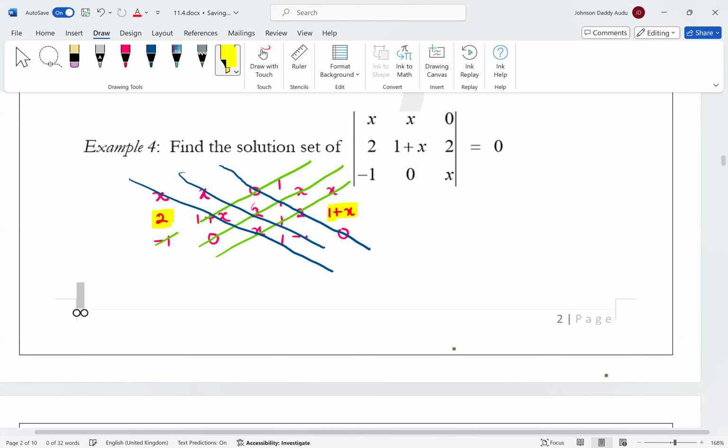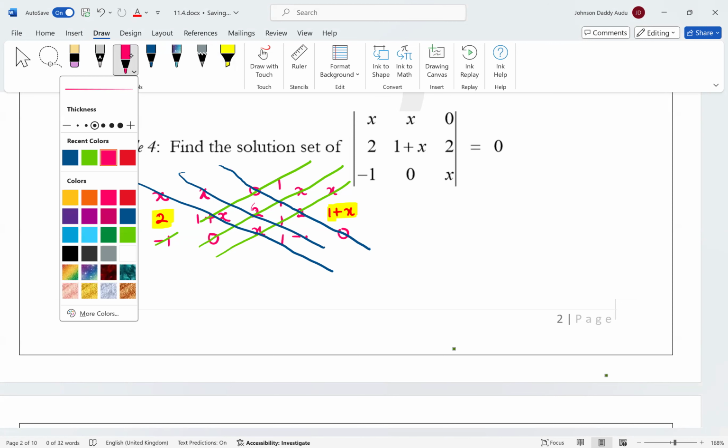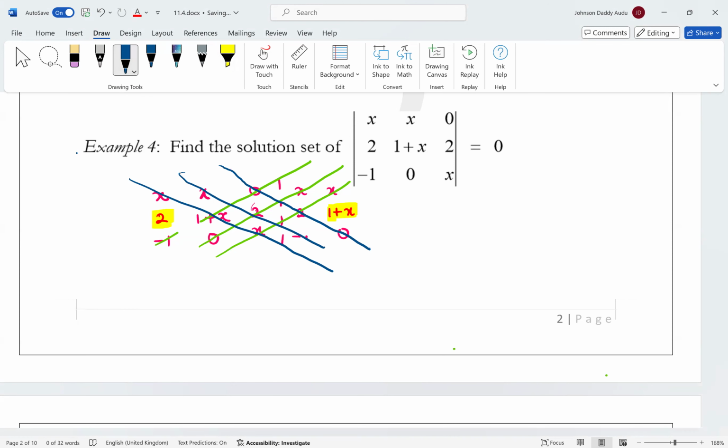All right, so here already we are told that the determinant is 0. So the determinant is 0. It simply means that what? It simply means that if the determinant, so the main diagonal is the blue one, so this will be what?